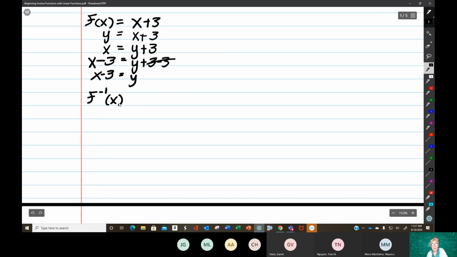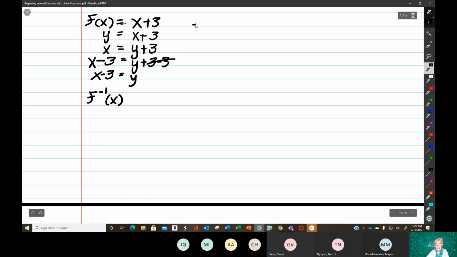Now, yesterday you learned about composing functions. There's a rule that says this. Two functions, f of x and g of x, are inverses of each other if and only if the following is true.